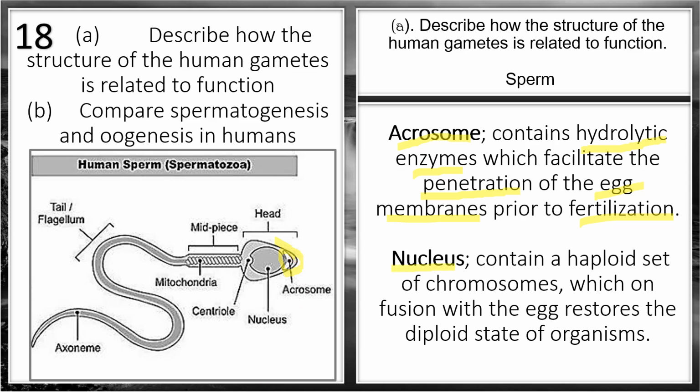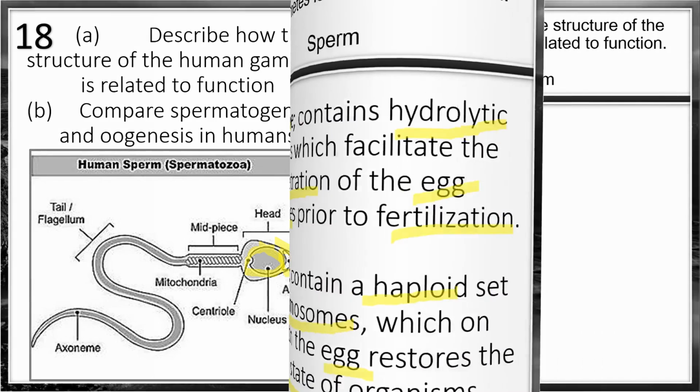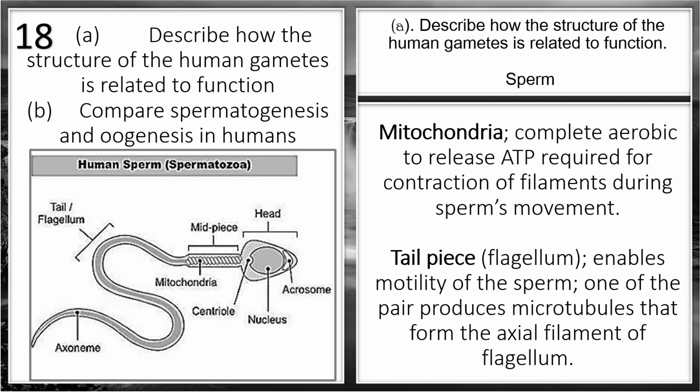Then there is the nucleus, which is in the middle here. The nucleus contains a haploid set of chromosomes. Those are 23 chromosomes, which on fusion with the egg restore the diploid state of an organism. It has got the mitochondria. Mitochondria are in the middle piece here.